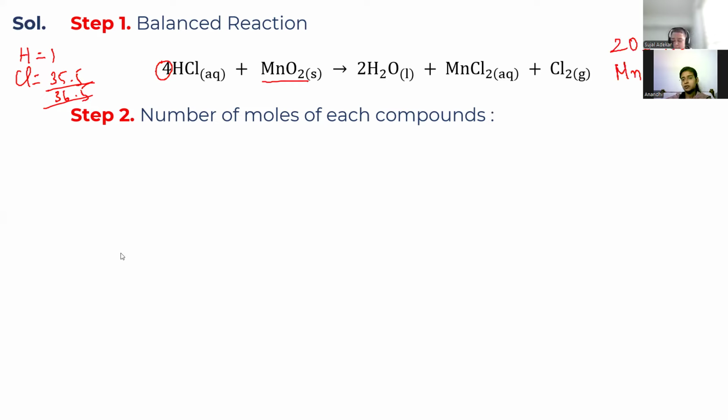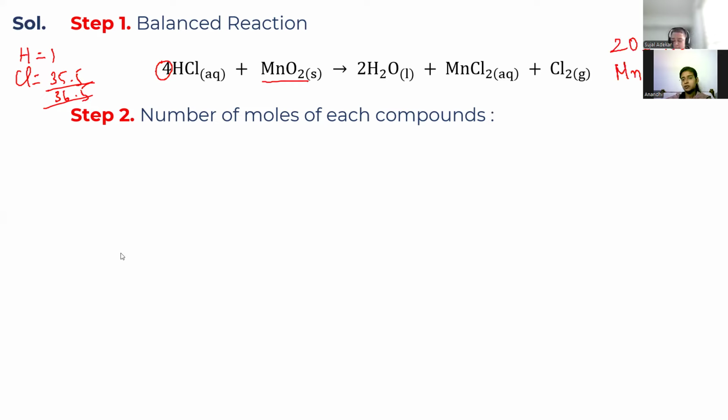So altogether we can approximate it to 87.